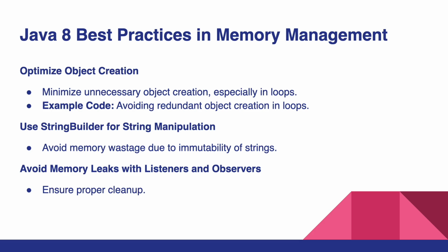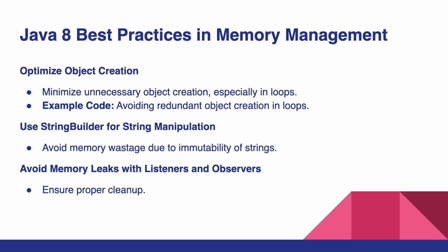Let's look at some best practices for efficient memory management in Java 8. First, we should minimize object creation, especially in loops, to reduce garbage collection frequency. Instead of creating new objects each time, reuse objects where possible.